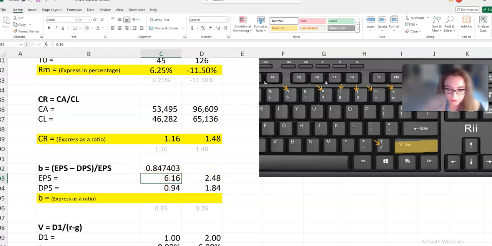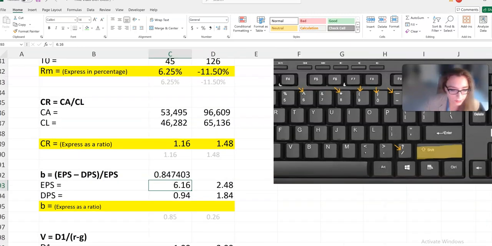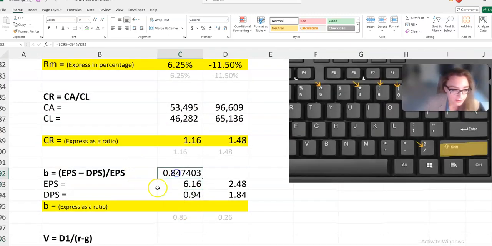If we have such a big long number with many decimal places behind the point, we go up here and there is a little icon with an arrow pointing to the right, and we click it the number of times that we need to remove that number of decimals.